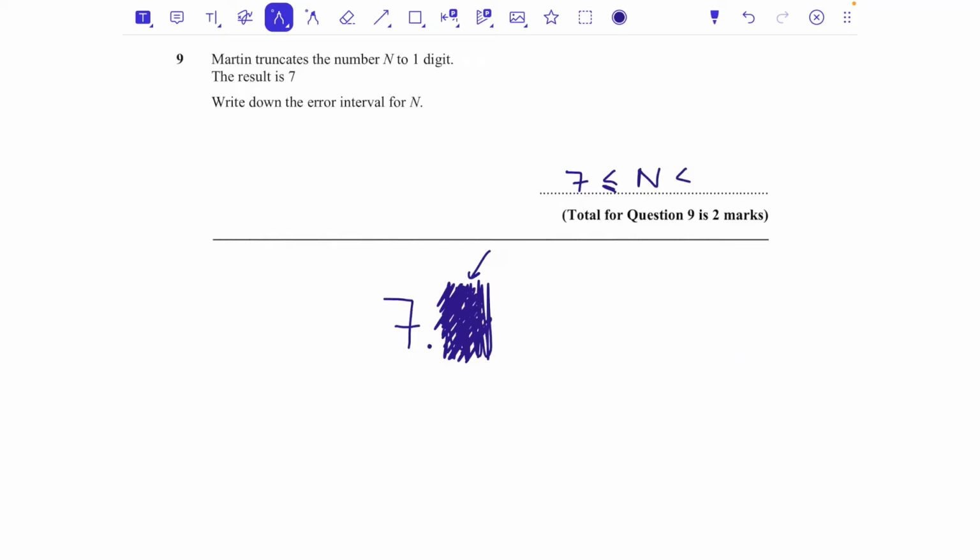So we say we go up to 8, but we know it can't actually equal 8, or else you would have seen an 8 where the 7 is. So with error intervals, this one's going to be equal to, this one's just going to be less than, and we go up to 8. 7.9 recurring is the biggest it could be, but because that goes so infinitely close to 8, we just call 8 the upper limit just to make our lives easier.